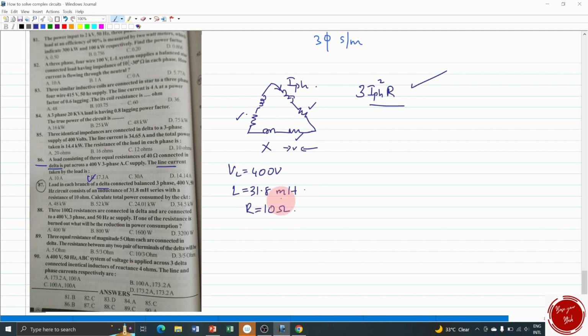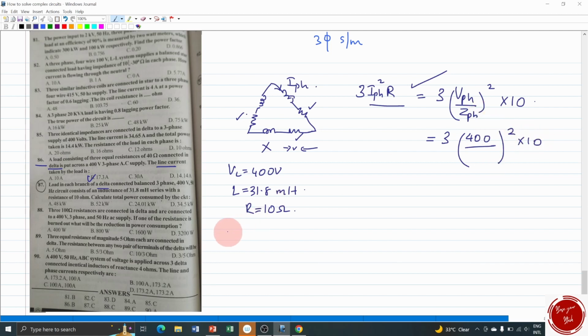Okay, so R is 10. We have to get this I phase. So it is 3 into I phase is V phase by Z phase whole square into R is 10. Now V phase is equal to VL for a delta connected system. So it is 3 into V phase is 400 divided by Z phase into 10.